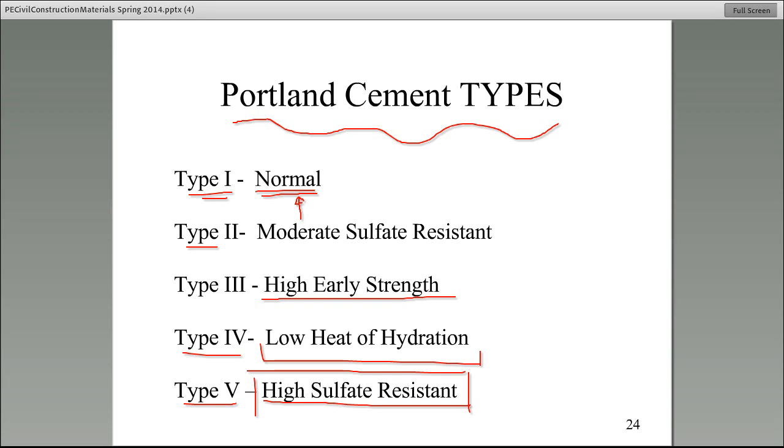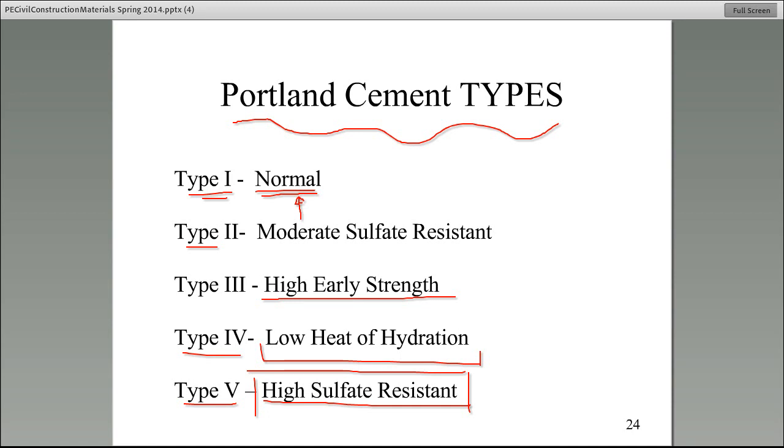One thing, if it is a structure that is going to be exposed to water for a long time, or sometimes for the entire service life. For example, ports.